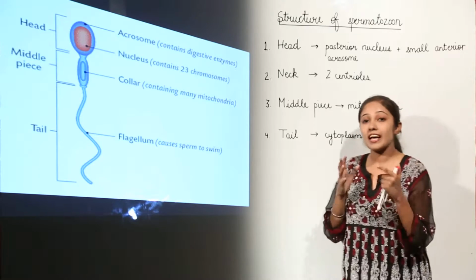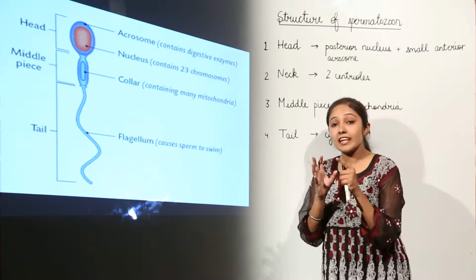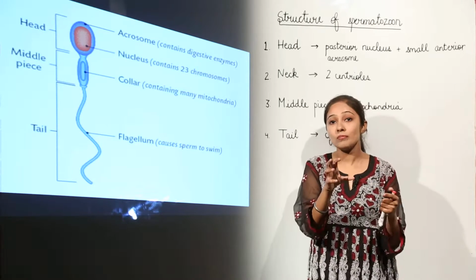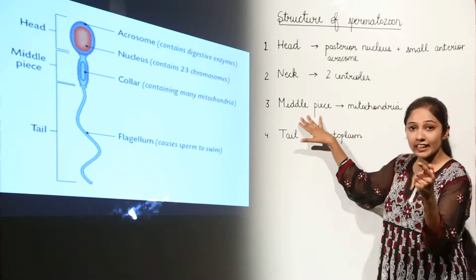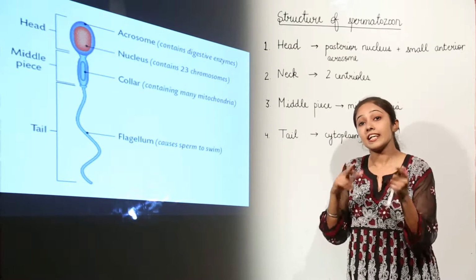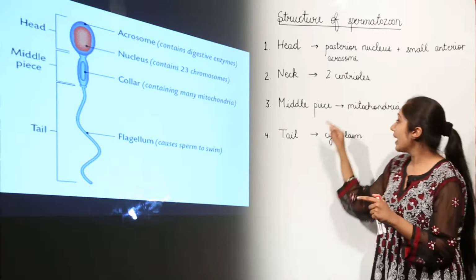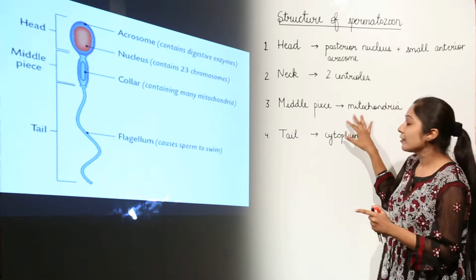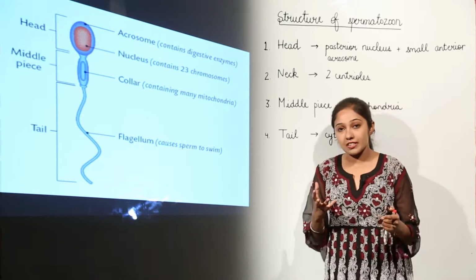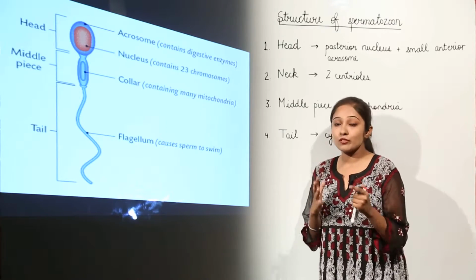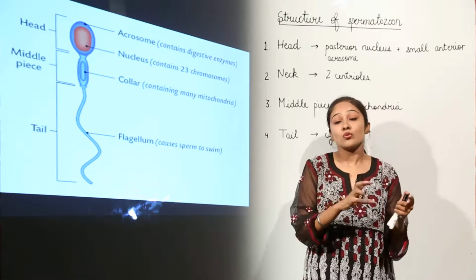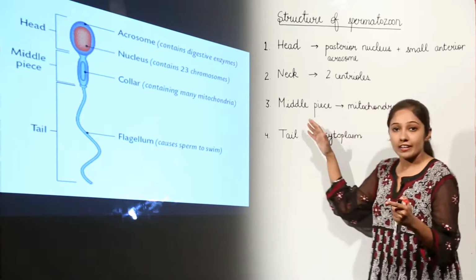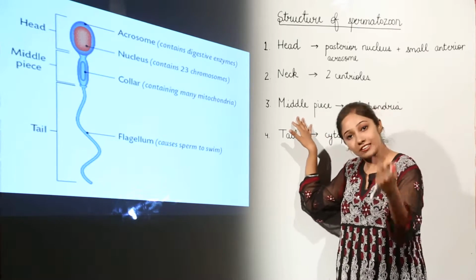A sperm needs energy because when it has to pass through the female genital tract and reach the ovum, it is motile. So when it has to move, it needs ATP, that is energy, and this mitochondria provides energy to the sperm. Remember that this energy is very limited. If a sperm is not able to fuse with or reach the ovum within 24 to 48 hours, it is going to die because of lack of energy.